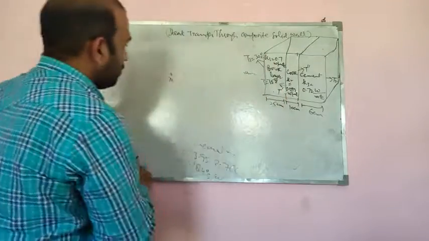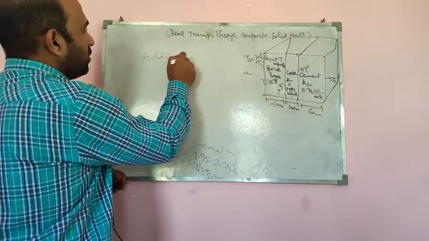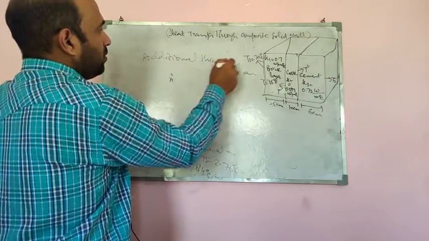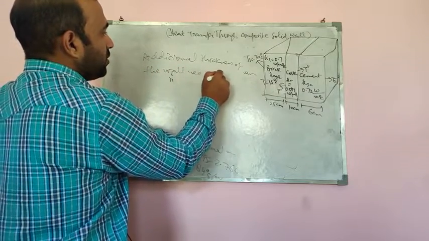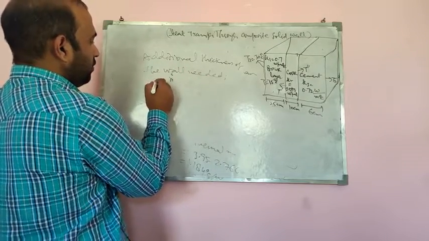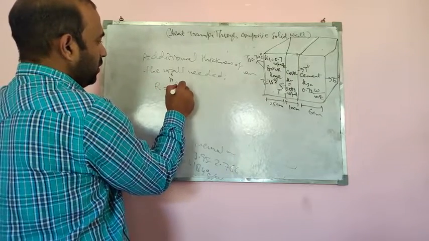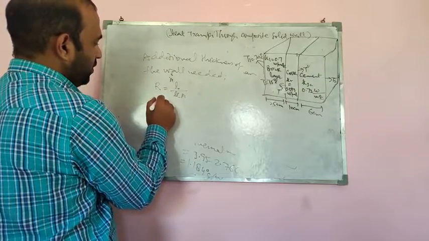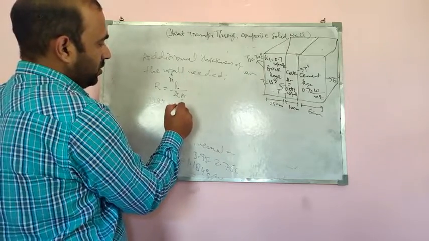Now the additional thickness of the wall needed will be found from R equal to L by KA. R is 1.184, that's the thermal resistance. L will be the additional thickness.